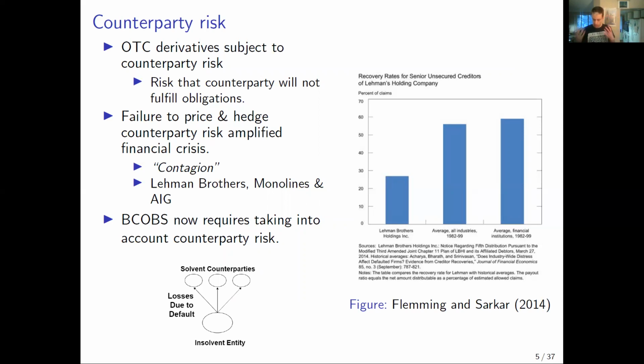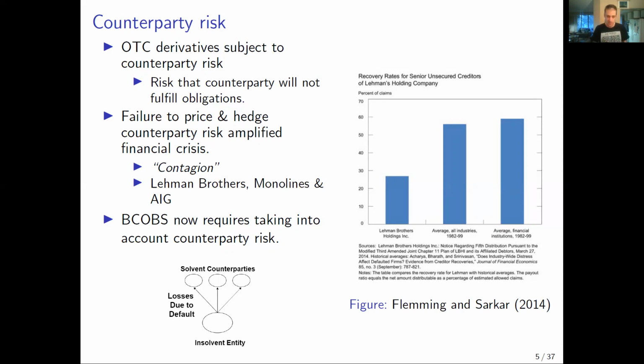Now, this form of risk, this counterparty credit risk, that is an aspect of OTC derivatives, is blamed for amplifying the financial crisis in 2008. And it's blamed largely due to a phenomenon known as contagion. In contagion, you can think of having a graph of financial entities where the nodes on the graph are the entities and the edges are OTC derivative contracts.